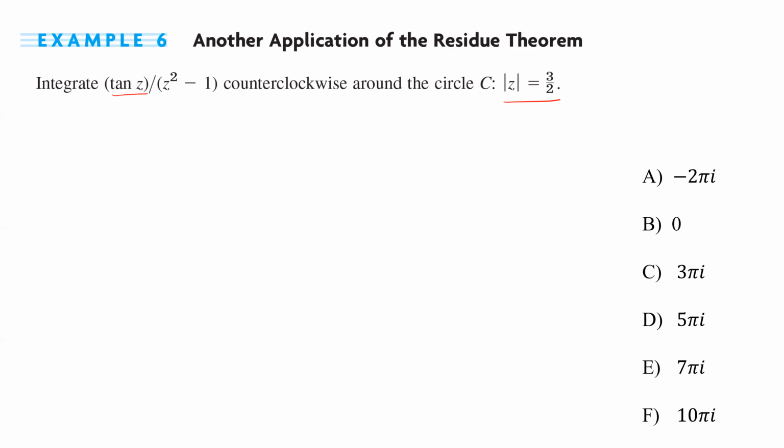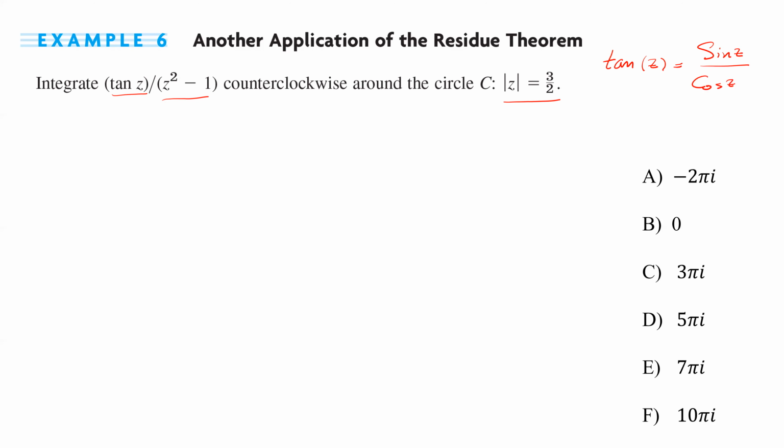Tan of z. At what points is tan of z non-analytic? Does anybody remember? 1 and -1? No, tan of z is sine z over cosine z.